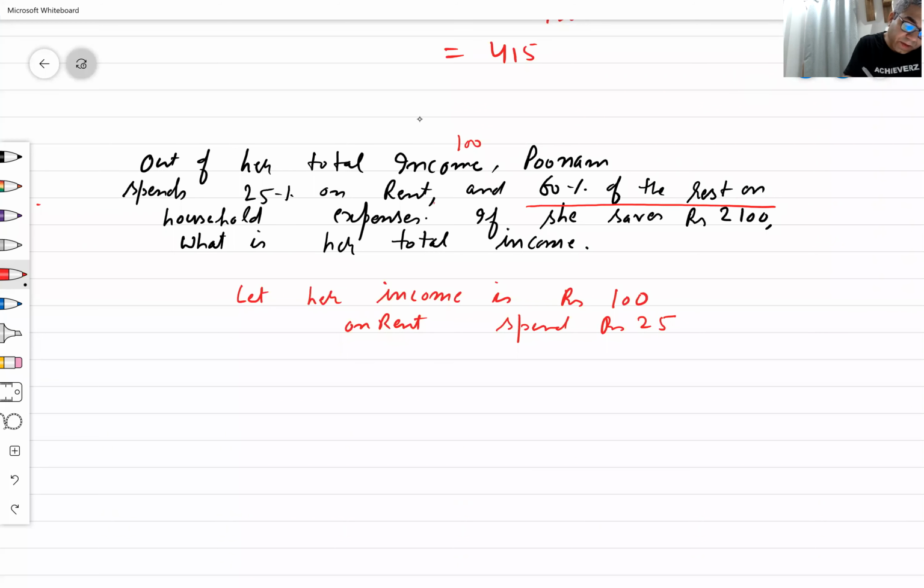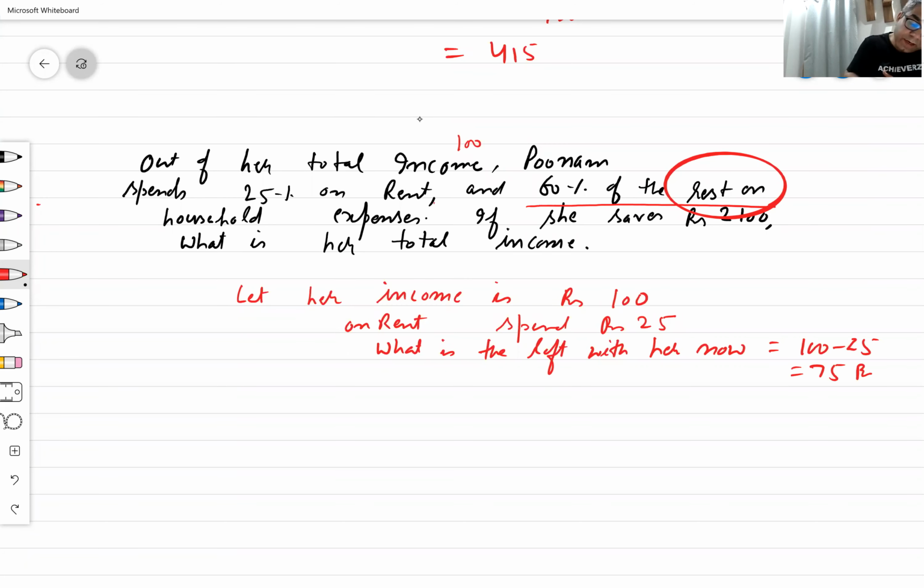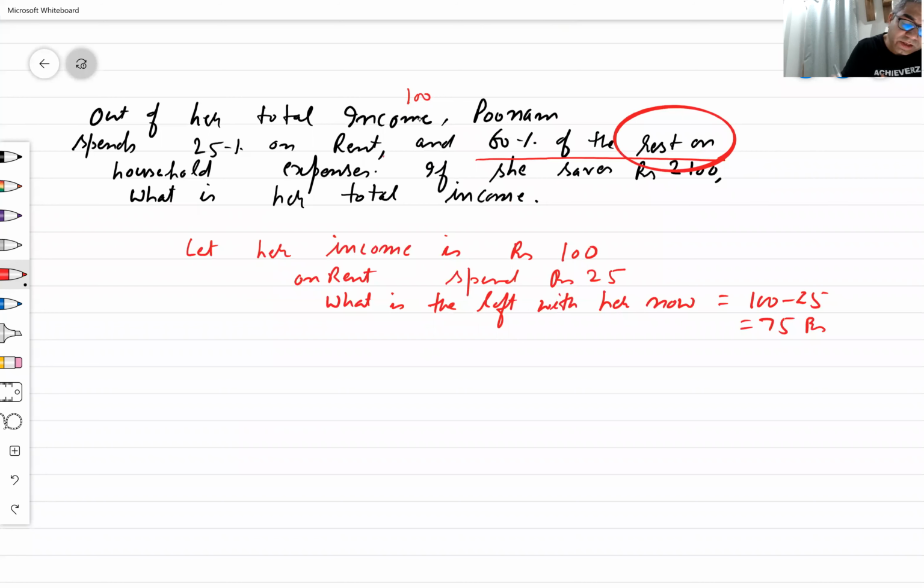All right. Now, what is left with her? What is the rest? This is what she's saying, 60% of the rest. With her now is 100 minus 25, which is 75 rupees, right? Now, out of this, she spends 60% on household.